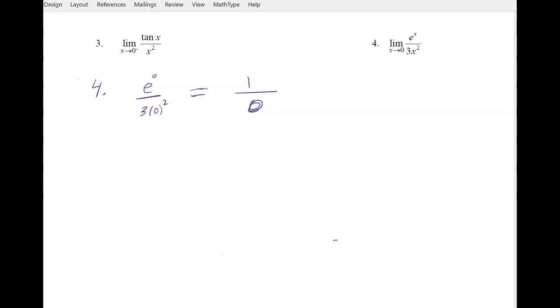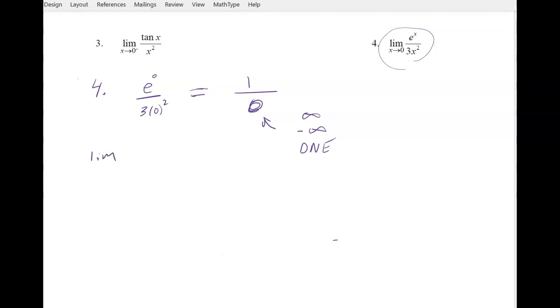And the fact that I get division by 0 says my answer is either going to be infinity, negative infinity, or does not exist. So this problem doesn't factor. There's no way to factor that and reduce. So this is where I have to go, once I get into this division by 0, I have to look at each side of the limit.